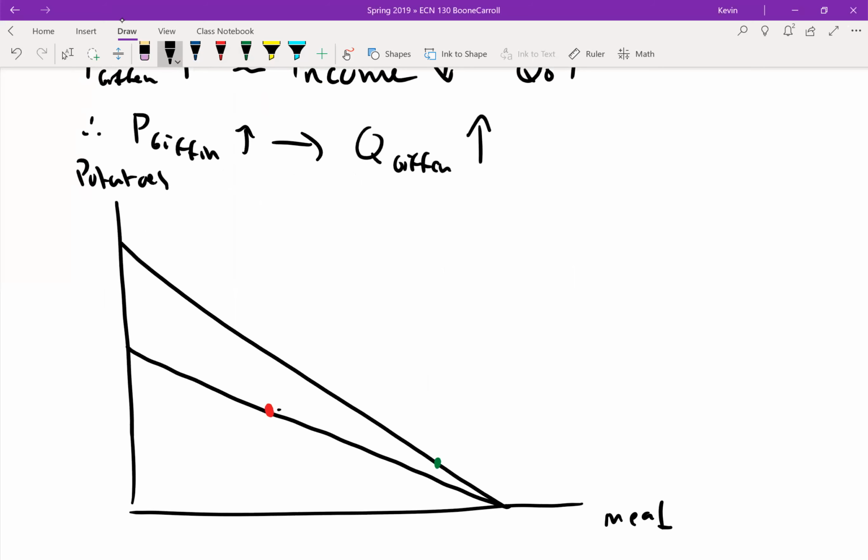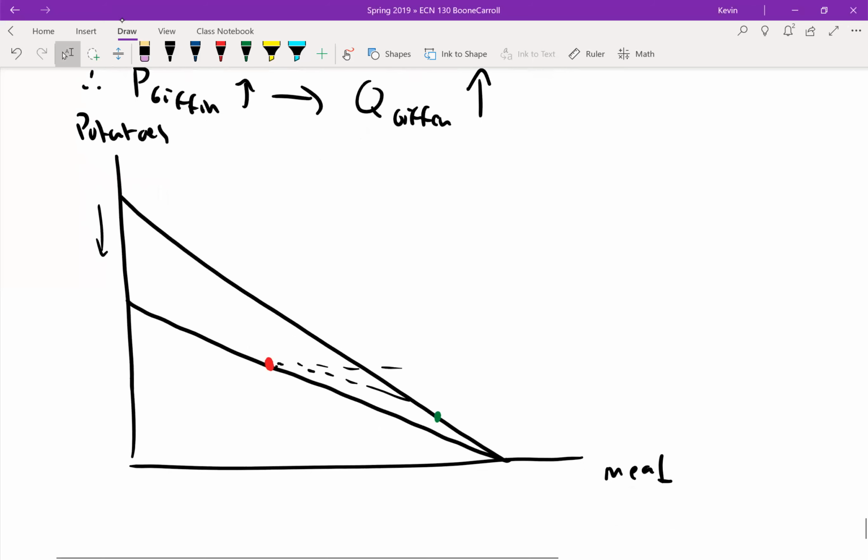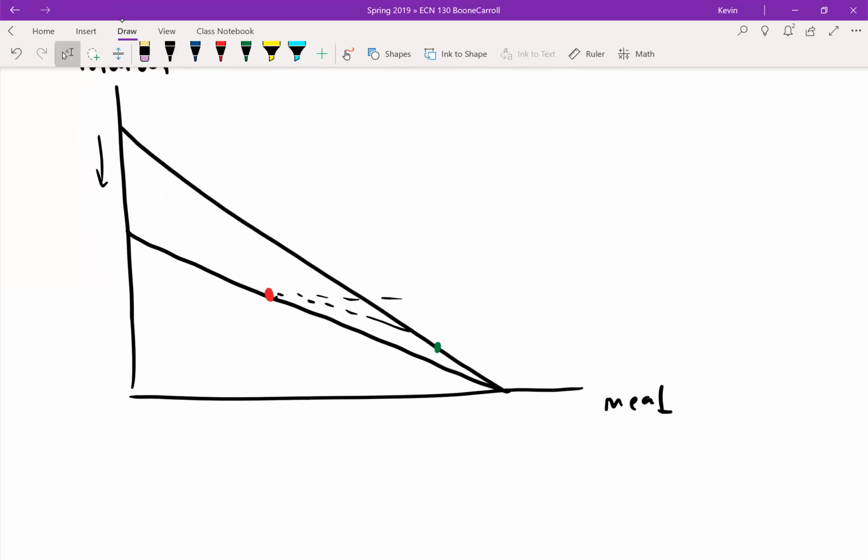Since potatoes are inferior, as our curve pushes out, we consume less. However, since they're inferior and they are a Giffen good, the price of potatoes went up, which means we can afford less, which led to us consuming more potatoes. And that is the idea of a Giffen good.